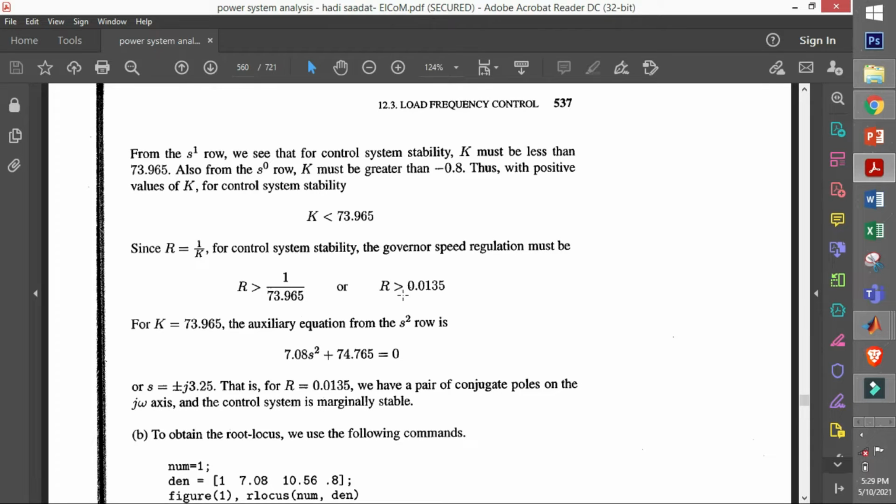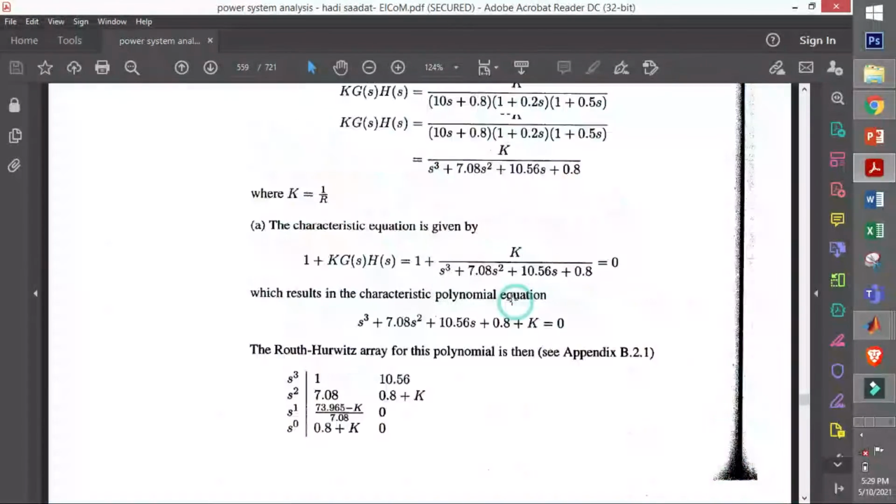By applying the Routh-Hurwitz criterion, they have found that R must be greater than 0.0135. So we can take anything above 0.0135. Let's take R equals 0.05, because 0.05 is greater than 0.0135.